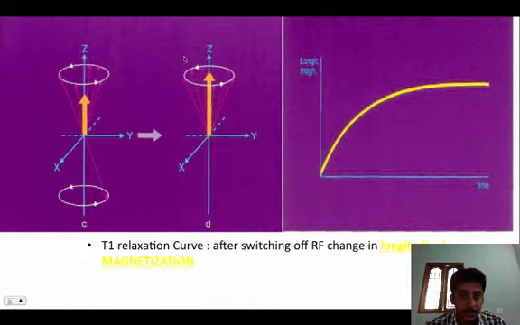So when all protons are aligned upwards, we have the initial net longitudinal magnetization, which was present before the application of the radio frequency pulse.